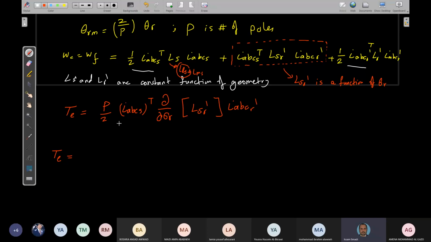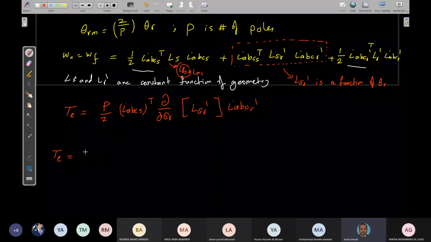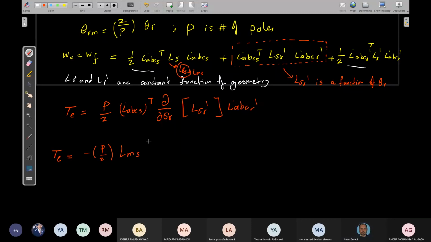Let's assume that I did the math: I expand, I differentiate, I multiply, I collect the terms. So the torque will be equal to minus P over 2 L_MS multiplied by, let's put the first term here, i_AS i_AR dash minus 1 over 2 i_BR dash minus 1 over 2 i_CR dash.